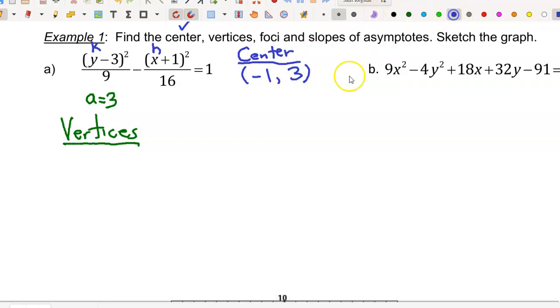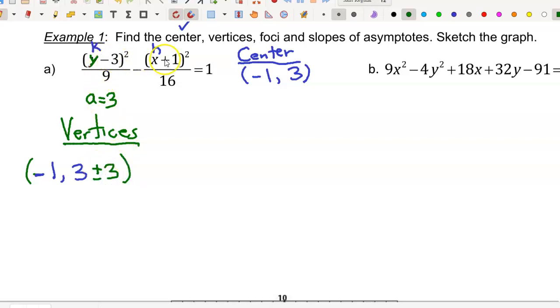So we're going to have -1, -3, our center, and then on the Y, since it's a vertical problem, I'm going to go up and down 3.